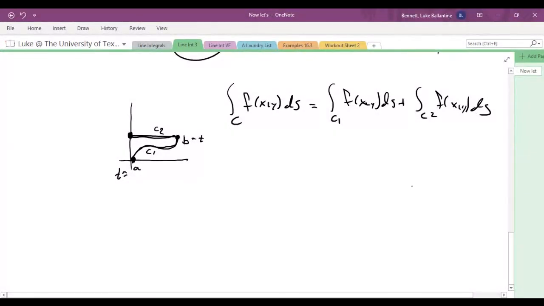You break it up into two separate integrals.